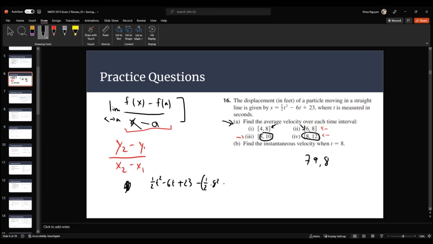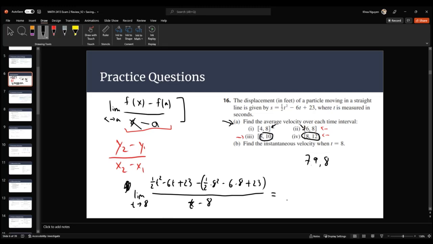And again, I'm going to put a parentheses around here to not mess up the subtraction. So 1/2 times 8 squared minus 6 times 8 plus 23. And then you would divide all that by t minus 8. You just plug that straight into the equation, and then you would take the limit as t approaches 8. Remember, x is your variable, but it could be really any variable. So usually it's x or t.